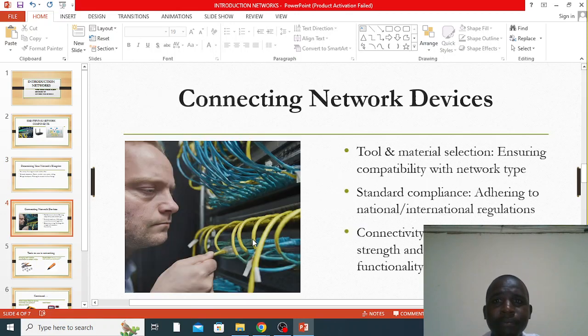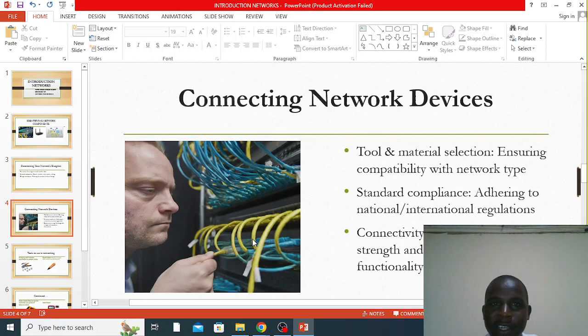And then when we move to the next part, we are connecting the network devices. So after identifying all those factors, we move into connecting the network devices. And under this, there are also considerations that we have.